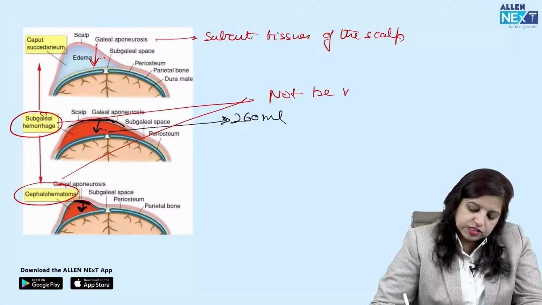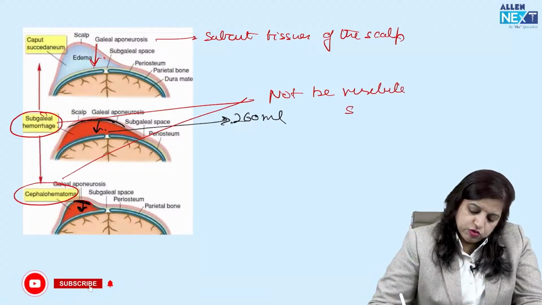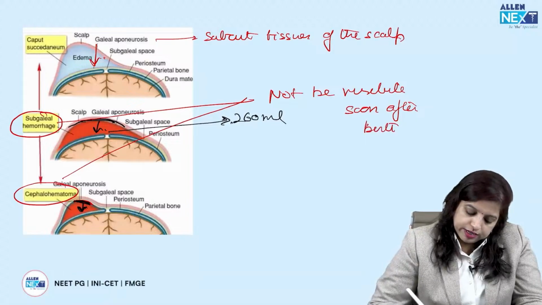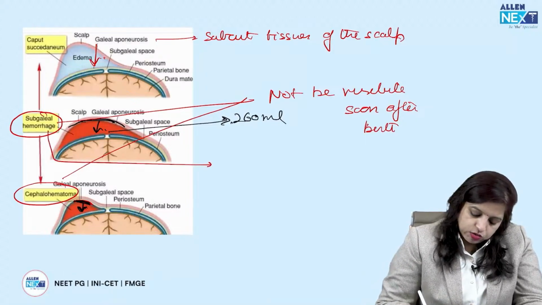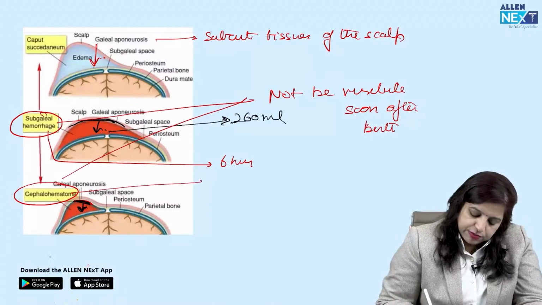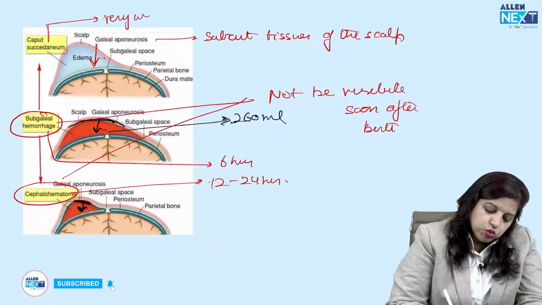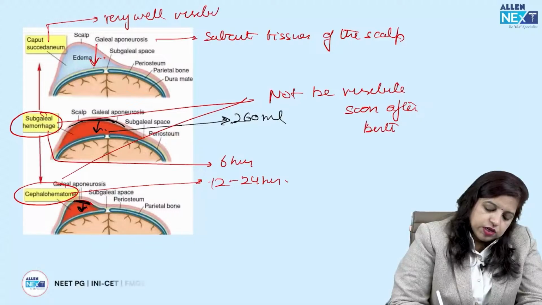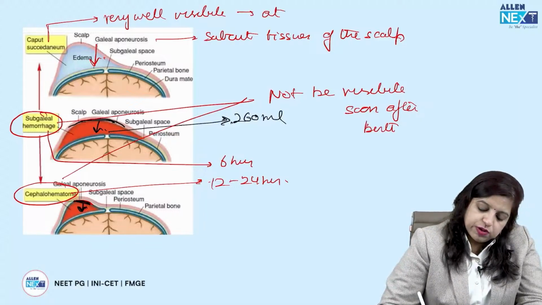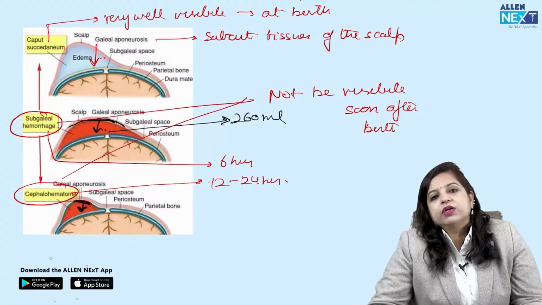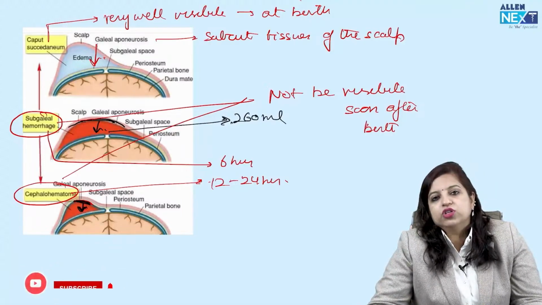They will take some time to appear. Subgaleal hemorrhage usually takes around 6 hours to appear, while cephalhematoma may take around 12 to 24 hours to appear. While caput succedaneum is very well visible during the process of birth itself, it is present at birth. So that is again one of the differences between cephalhematoma and subgaleal hemorrhage, and of course caput succedaneum, right?